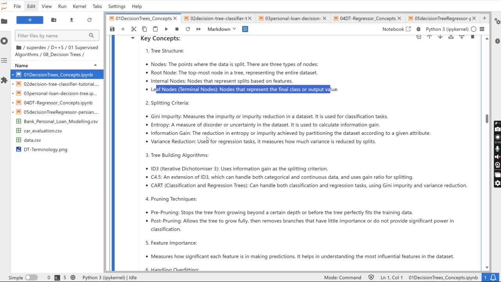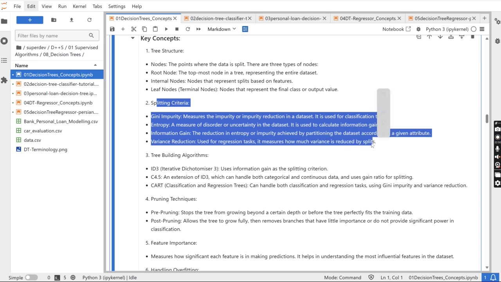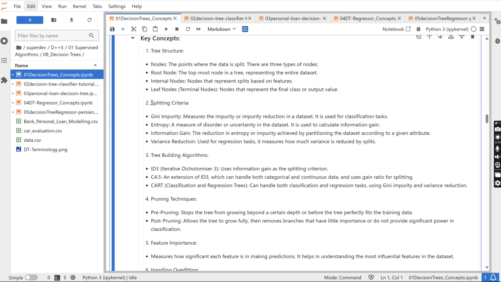And next is splitting criteria. Again, we have not discussed Gini impurity in depth. I will talk about it, but for now, just understand there are splitting criteria. This could also very potentially be an interview question. They may ask you to list out the different types of splitting criteria. One is entropy. Entropy you already understood.